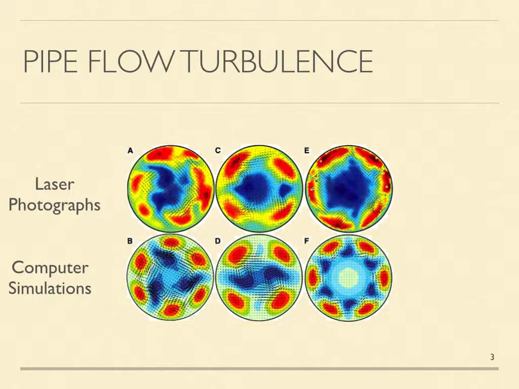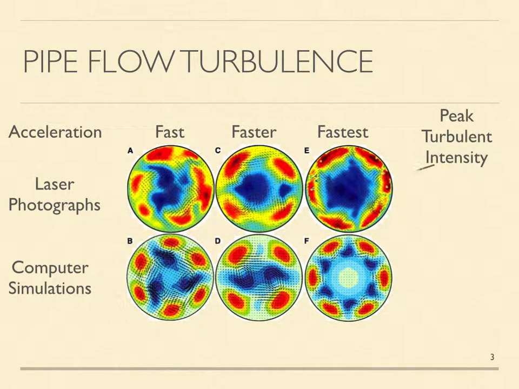As acceleration increases, the turbulent patterns temporarily persist and then suddenly transform to alternate turbulent patterns. This explains why turbulence induces pipe flow resistance and how it can dislodge rust from the inner surface of old pipes. At peak turbulent intensity, turbulence rings the inner surface of the vessel.